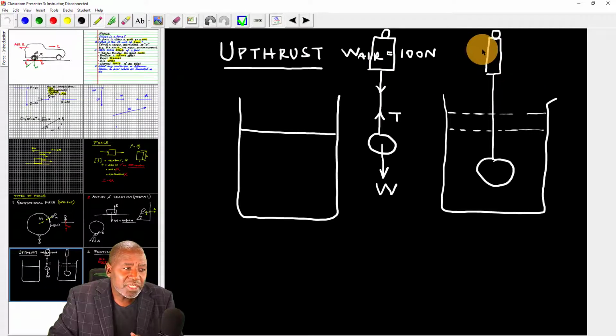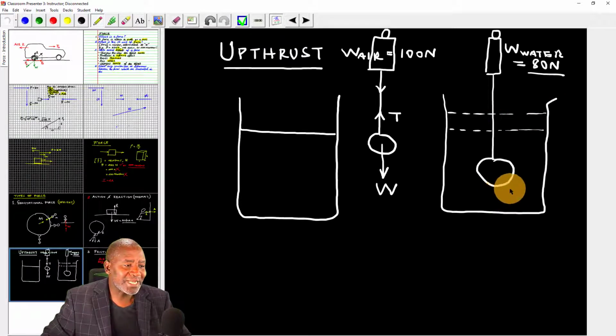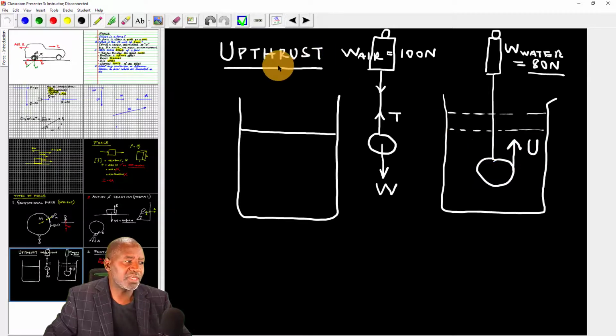When this object is weighed in water, the weight of the object in water is certainly less. So it appears to weigh less. Why? Because the water has exerted a force on it vertically upwards, which we call upthrust, which is this one here, upthrust.